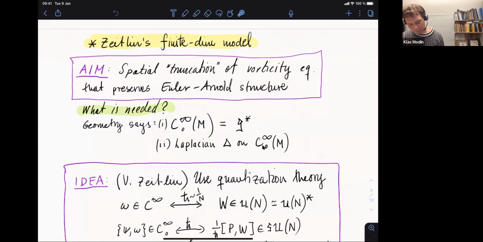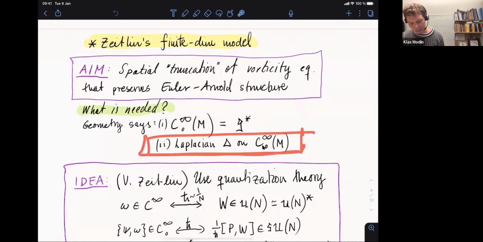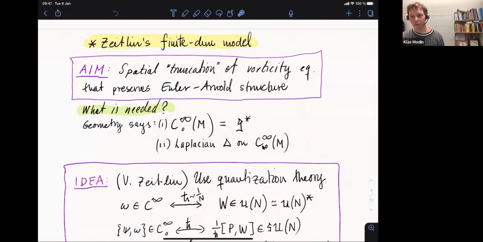So this is our Lie Poisson space. That's one thing we need. The other thing we need is a Hamiltonian. Another way of thinking of this is we need a Laplacian, because once we're on the vorticity level, the Hamiltonian is defined in terms of the Laplacian. So those are the things that we need.